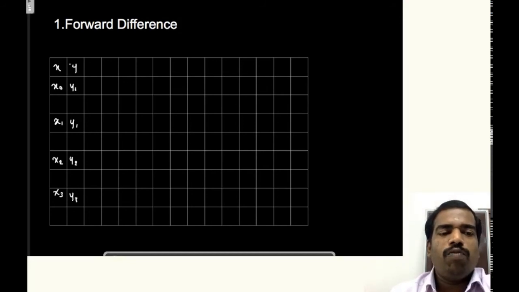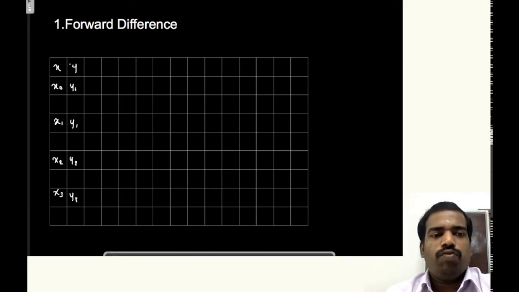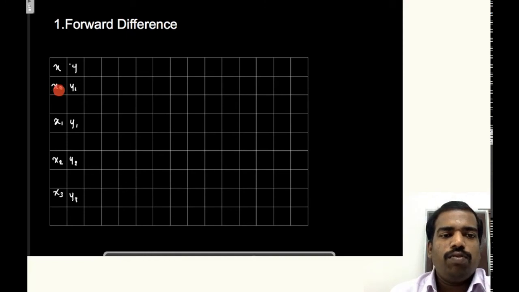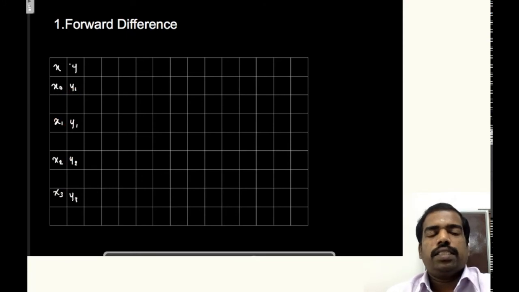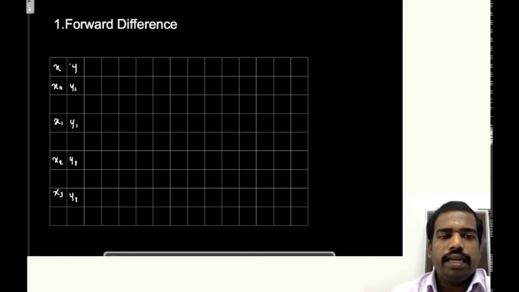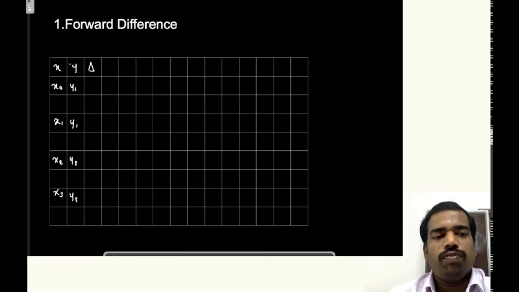Suppose we have the table of values. x0 is the first x value and y0 is the first y value. So we have x0, y0, we have x1, y1, we have x2, y2, and we have x3, y3. So we learn the first forward difference as delta. Delta means the first order forward difference of the function.